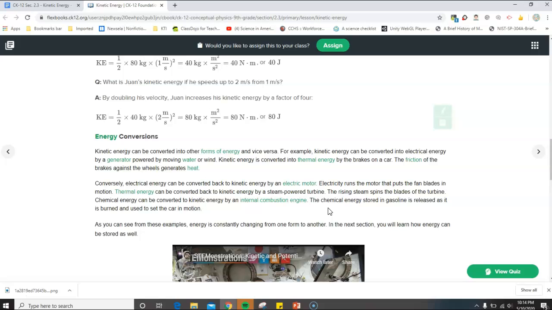So kinetic energy can be converted. It can be converted by generators. It can be converted by brakes on a car. So in these two paragraphs you're going to read right here about energy conversions, you can see how kinetic energy can be converted to other forms and then back from those other forms back to the energy of motion, back to kinetic energy.